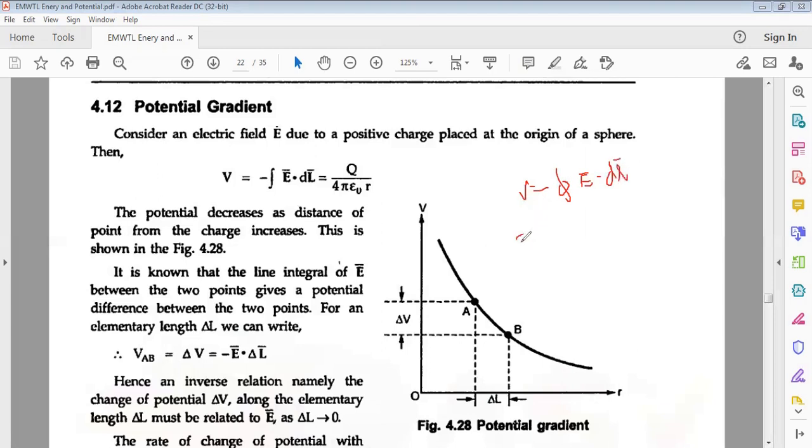Take the derivative on both sides. dV is equal to minus E bar dot dl bar. Is it right, my students? The derivative of the integral is nothing but the integrand, E bar dot dl bar.